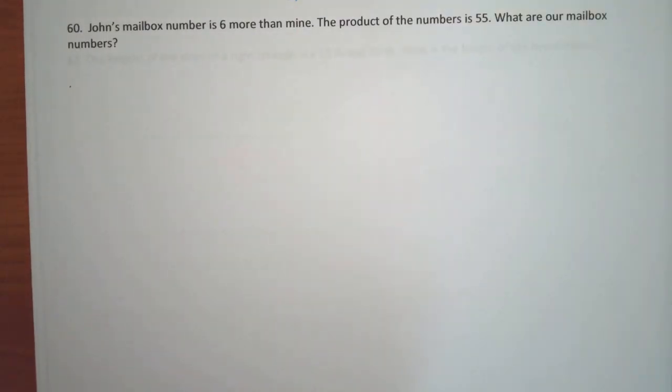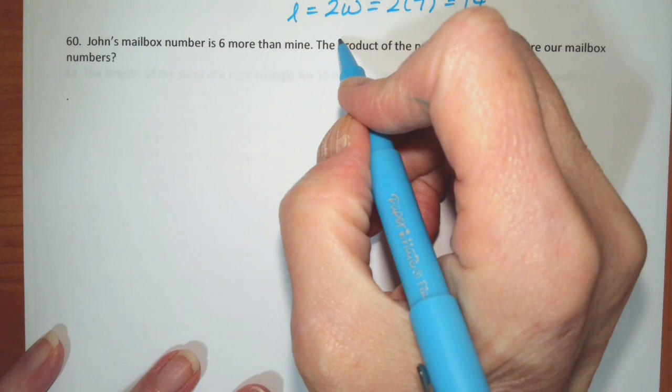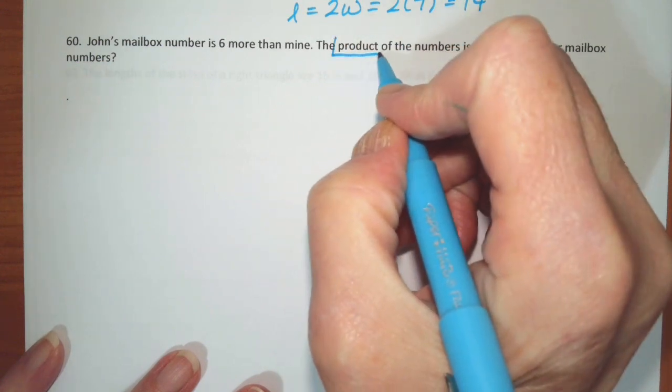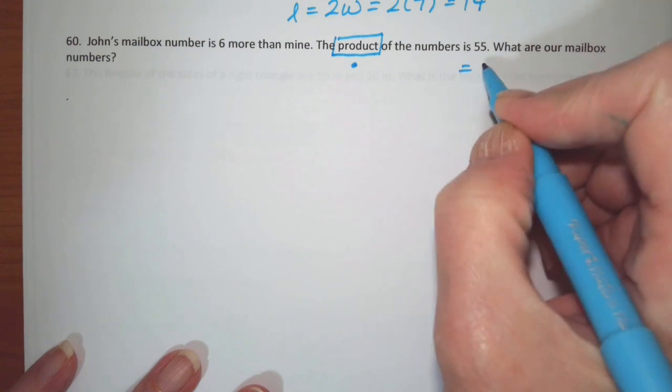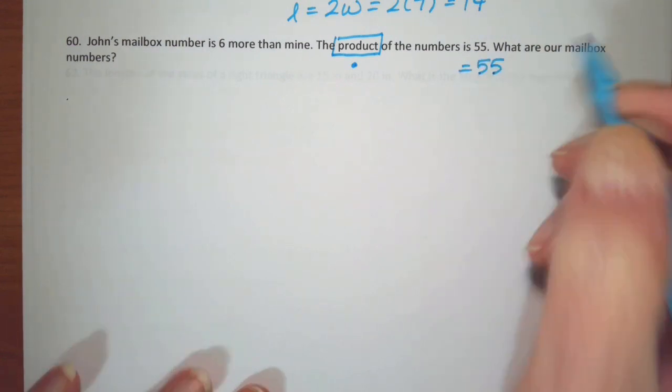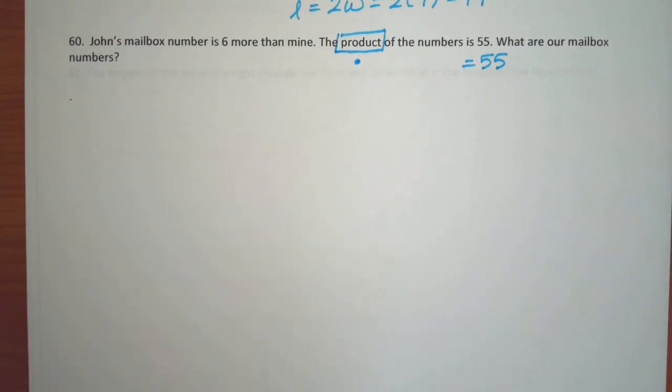Okay, John's mailbox number is 6 more than mine. The product of the numbers is 55. So product means I'm going to multiply, and it's going to equal 55. Well, I don't know anything about John's mailbox, but I do know it in relationship to mine.